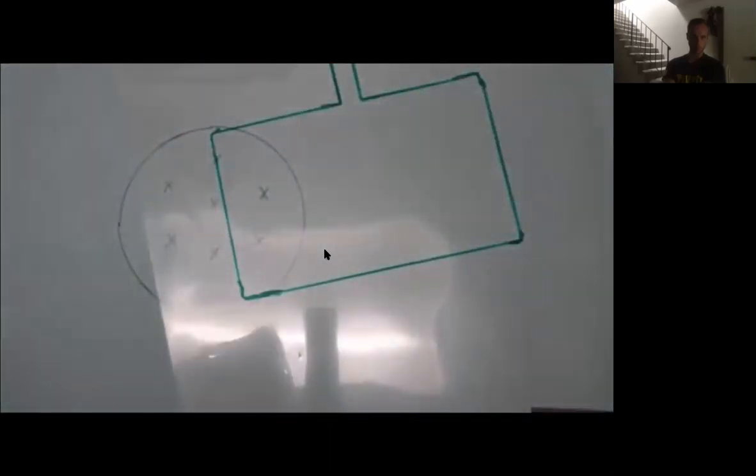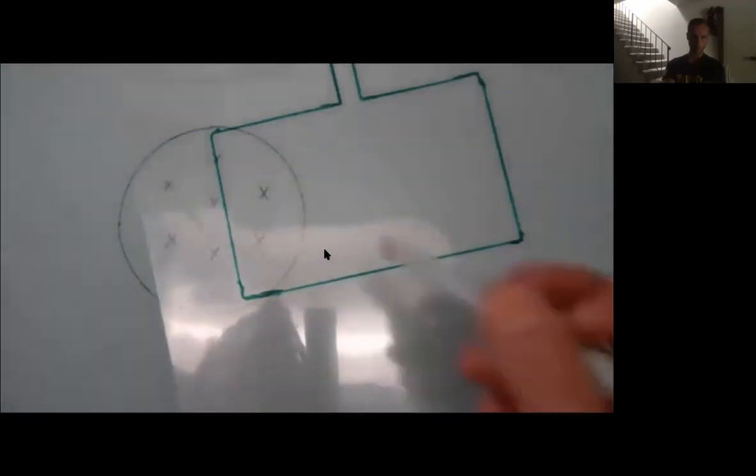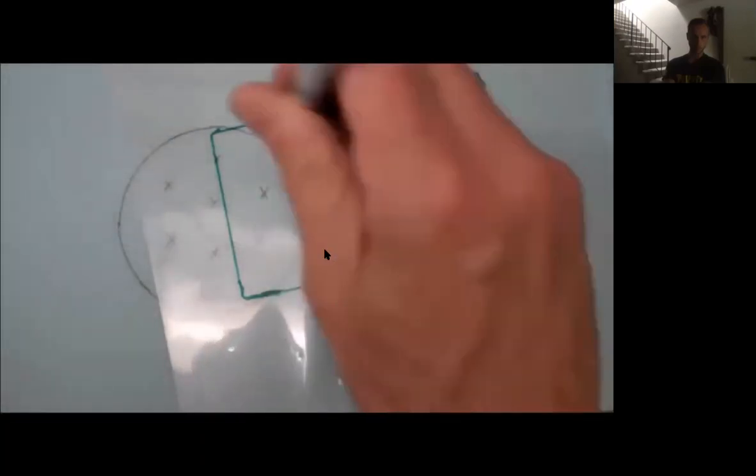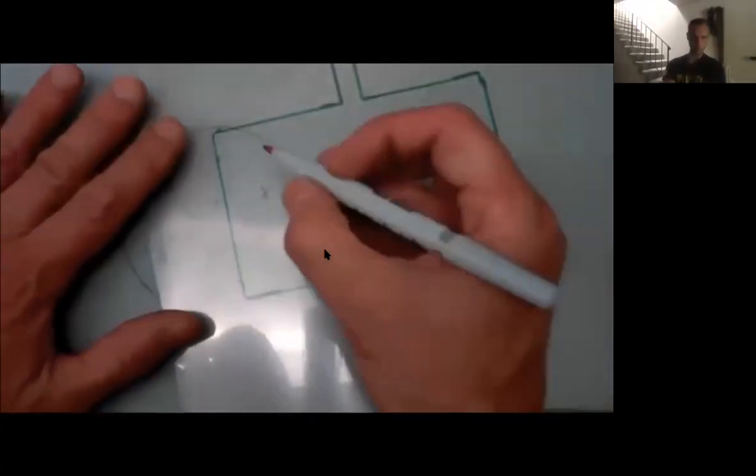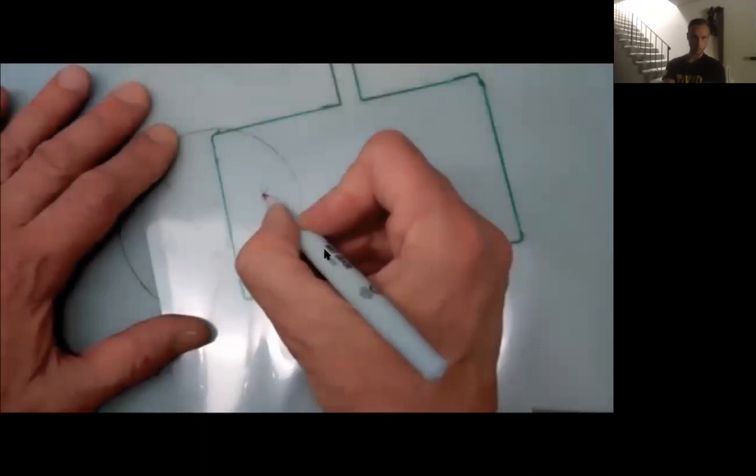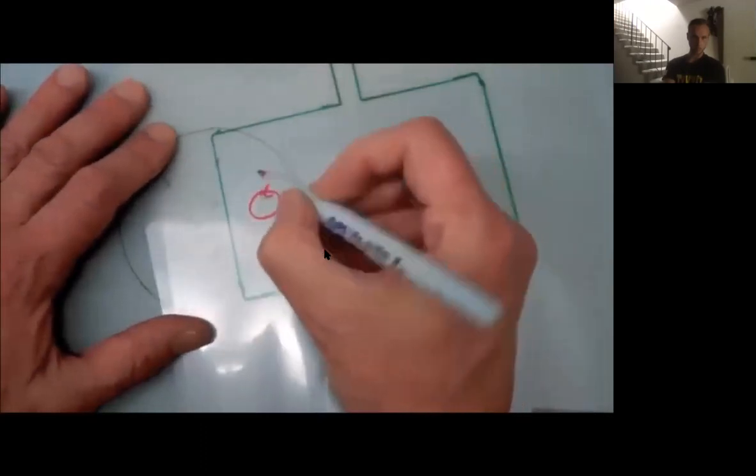That we know is going to induce a current so that the induced current generates a magnetic field that opposes the increasing field into our aluminum here. So there will be counterclockwise circulating currents that start to set up here.